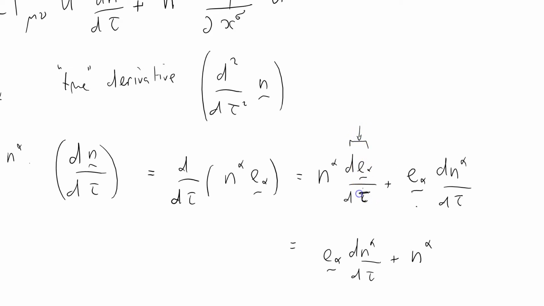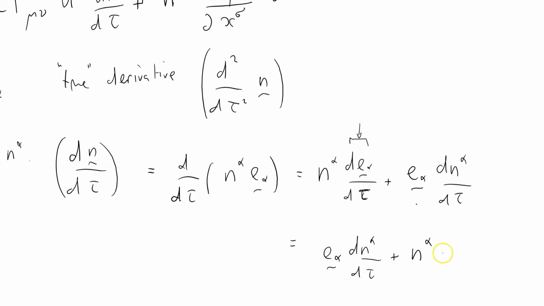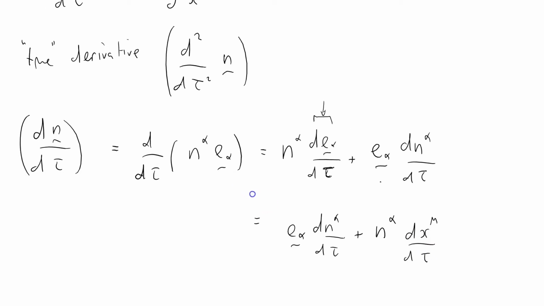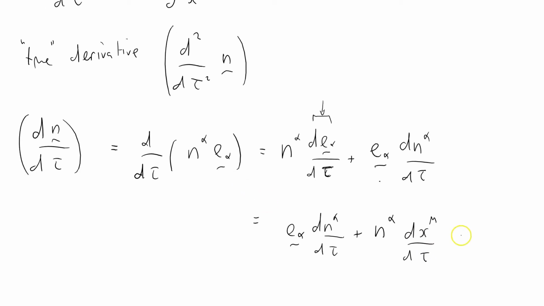I need to link it to the coordinate system. So I'm just going to say dx mu by d tau, because I know what that is, times the partial derivative of e alpha by the partial derivative of x mu. So what I'm doing here is using the total derivative law to differentiate d by d tau of e alpha.